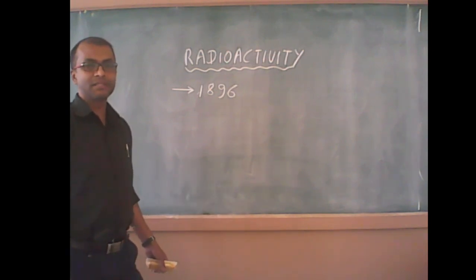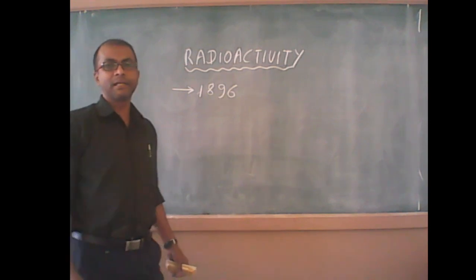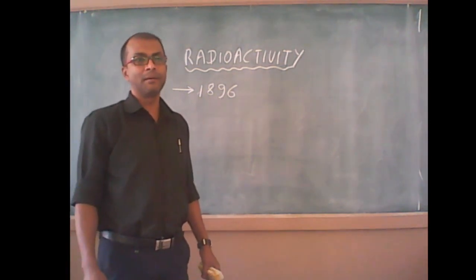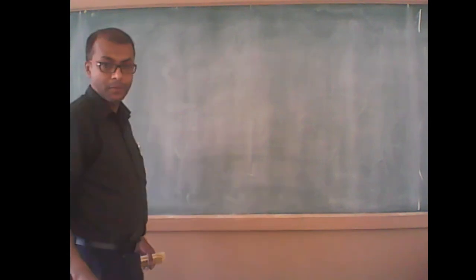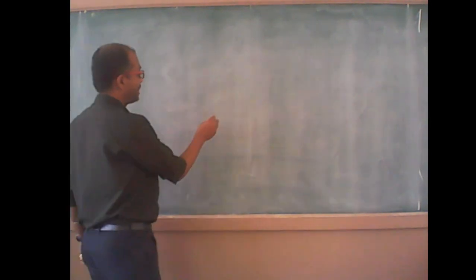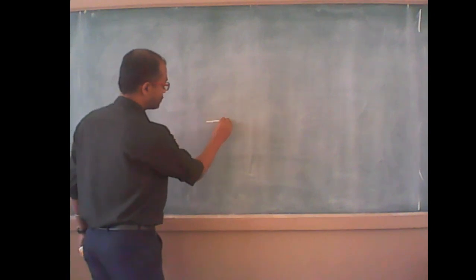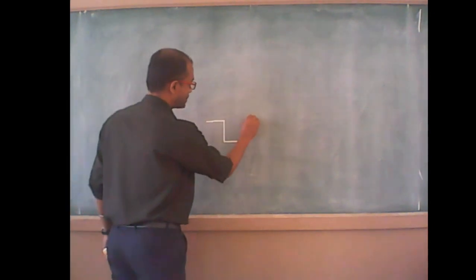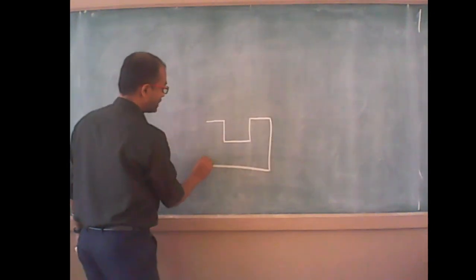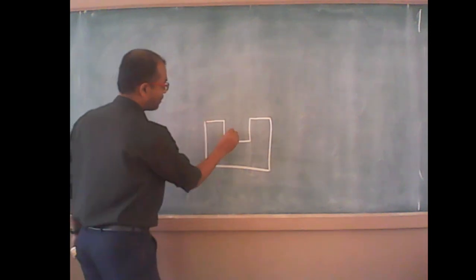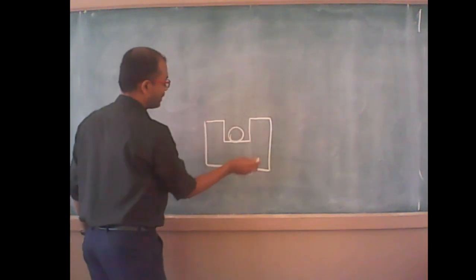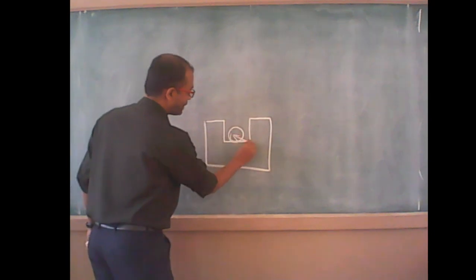What happens during this phenomenon? What are the kind of particles or radiations that are being emitted in the process? So let us say that we have a source of radioactive element. Usually we keep it in lead boxes. Suppose a simple experiment can be done where we keep a source of a radioactive substance in a lead box.